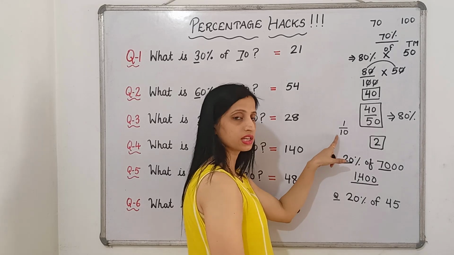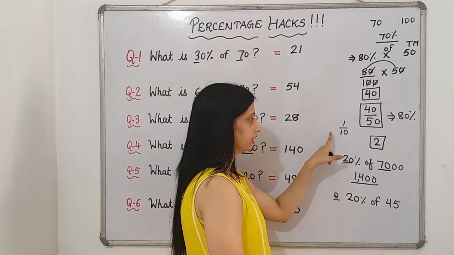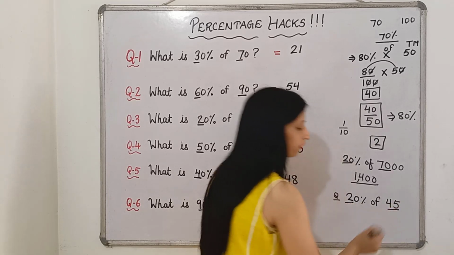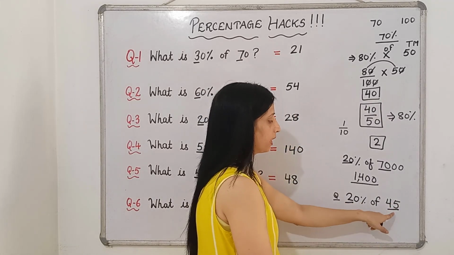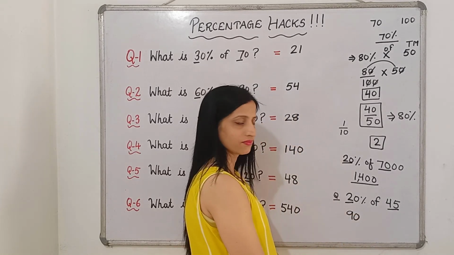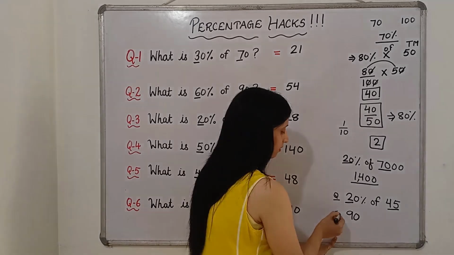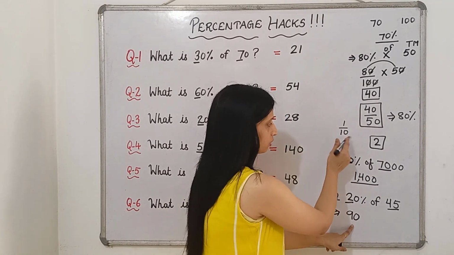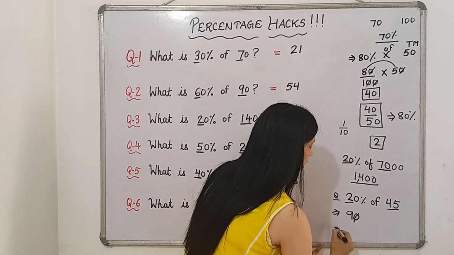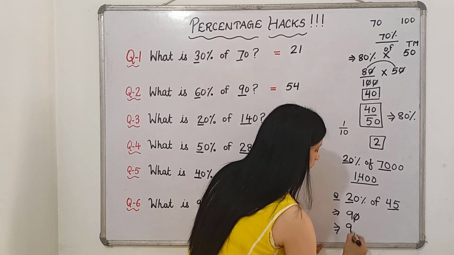This means 1 zero is left in the denominator, that we can cut later. So after removing this, we will be left with 2 and 45. 2 multiplied by 45, we will get 90. In 90, there is 1 zero. This means in the denominator there was 1 zero. We can cut this as well. So the answer will be 9.